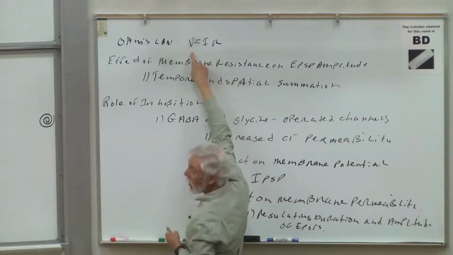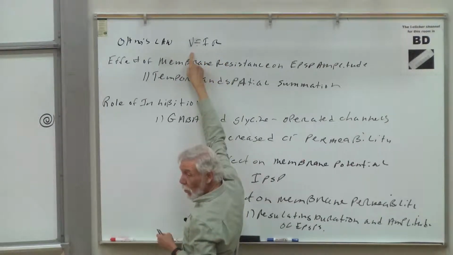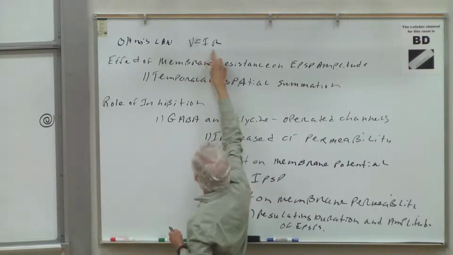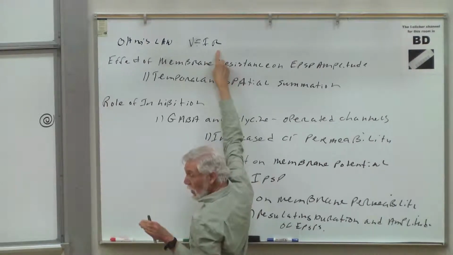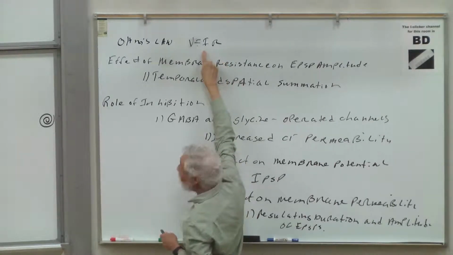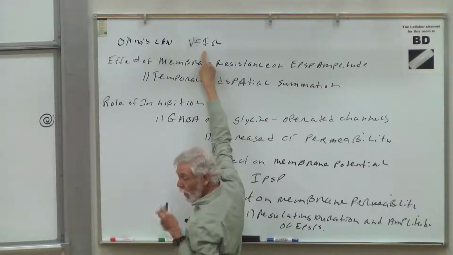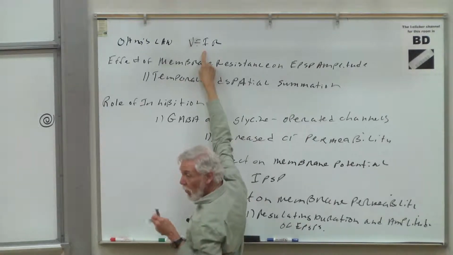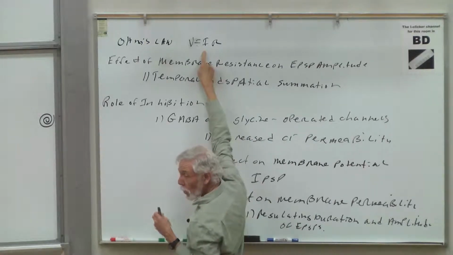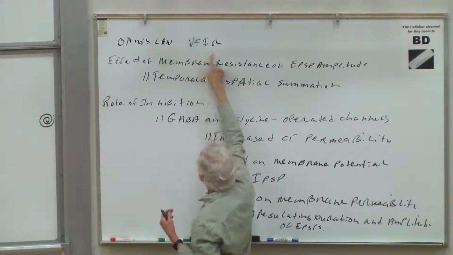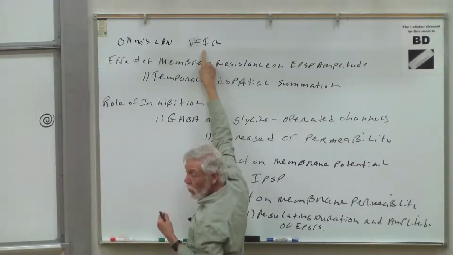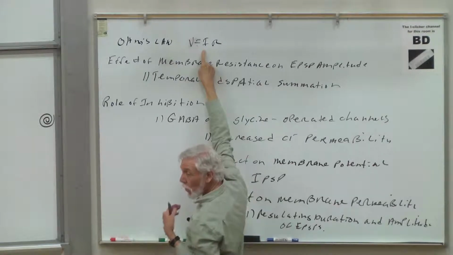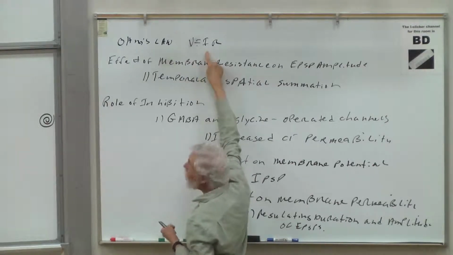We're going to see a voltage is going to be produced. The voltage is going to result from the current times the resistance. Simple idea. Well, this current is going to be fixed because for an individual synapse, the amount of current won't change very much. It's going to be limited by the number of channels that open, the number of neurotransmitter molecules that are released. And so that's going to be pretty fixed.